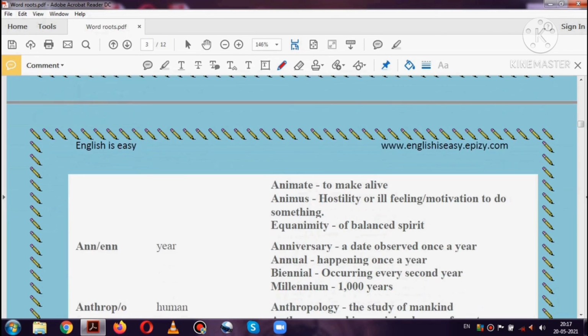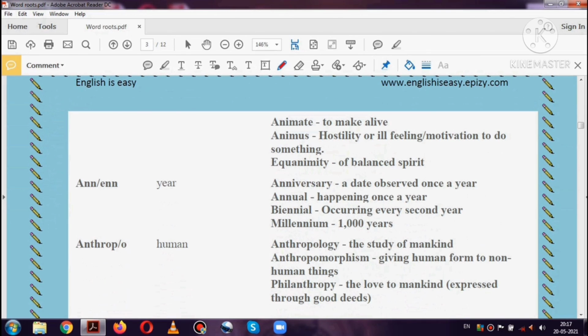The next word is animate. Anim means life, so to make something alive is the meaning of animate. The next word is animus.